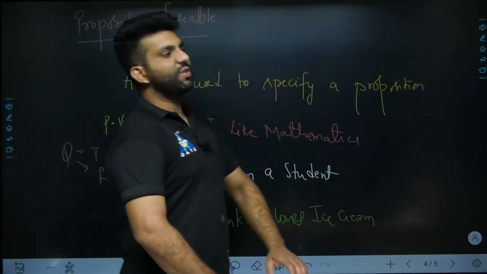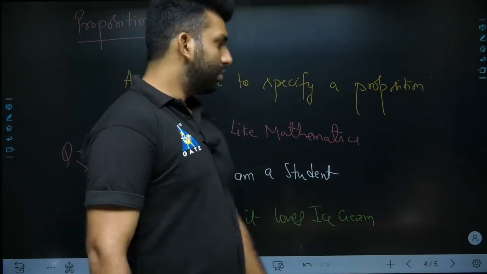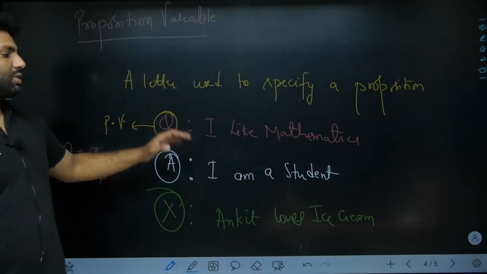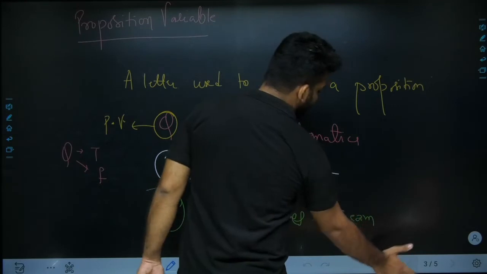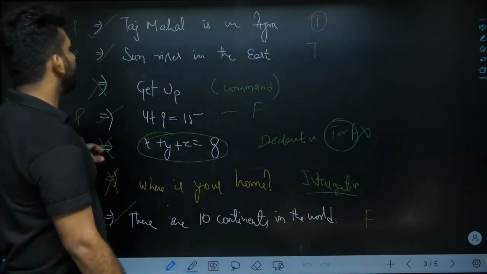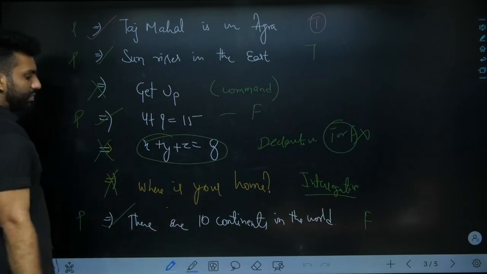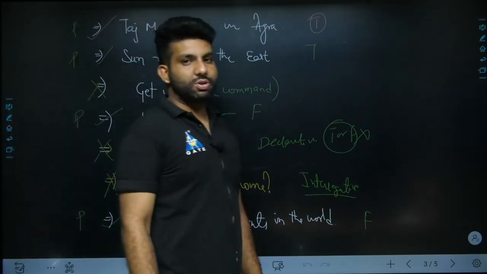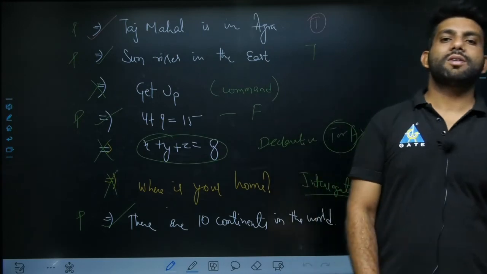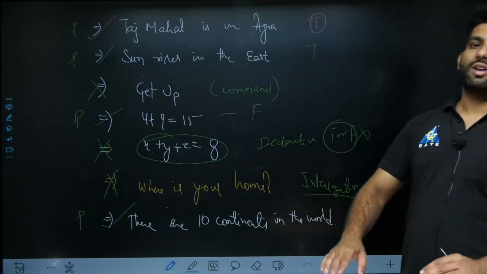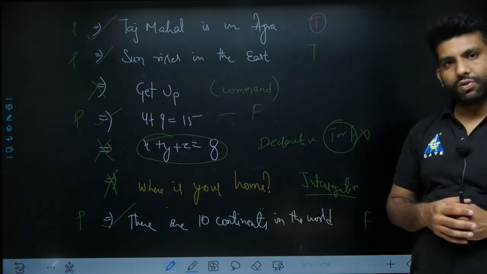Whatever propositions we have discussed till this point, the examples from the initial point, all these were atomic or primitive propositions because I cannot break them into multiple further propositions.